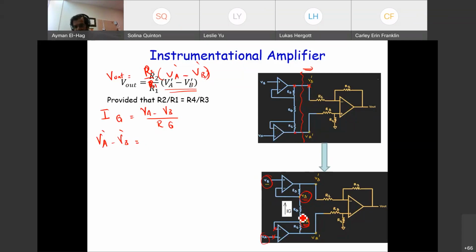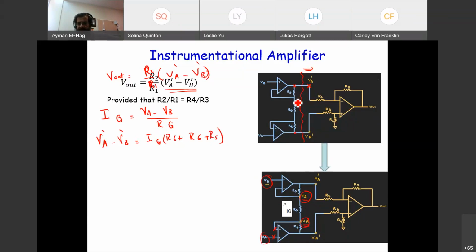If this is IG, it's the same current that goes through R6 and R5, because there is no current going here, there is no current going there. So all of this is exactly the same current. So the voltage difference between this point and this point is equal to your IG times the summation of R6 plus RG plus R5.